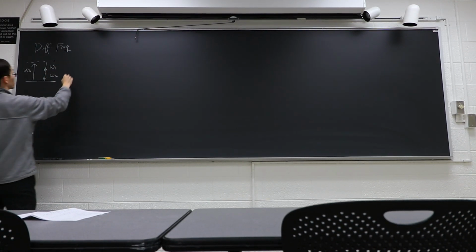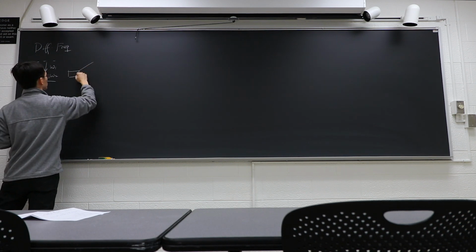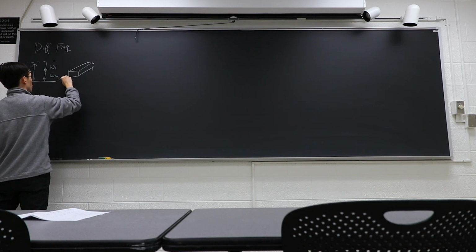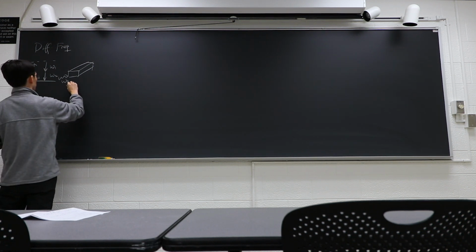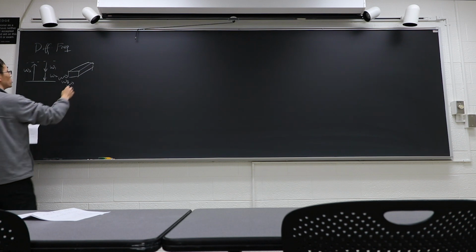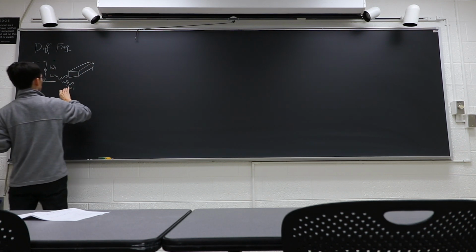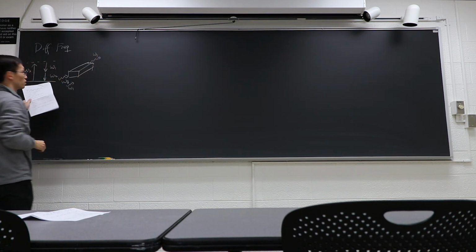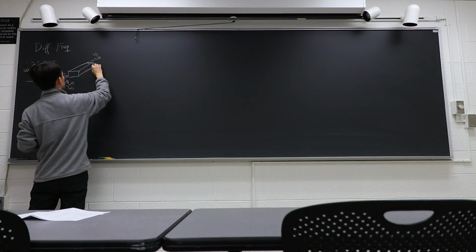You have omega 3 high frequency input. Also, you input a little bit of omega 1, a lower frequency. And then what will happen is that this omega 1 will get amplified, and there's an idler also generated at omega 2.